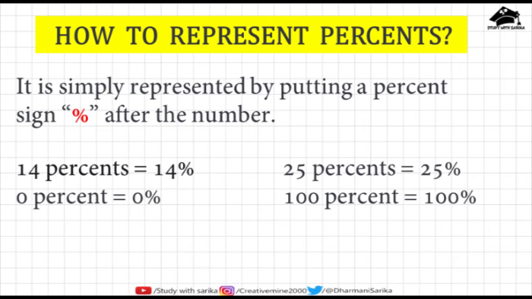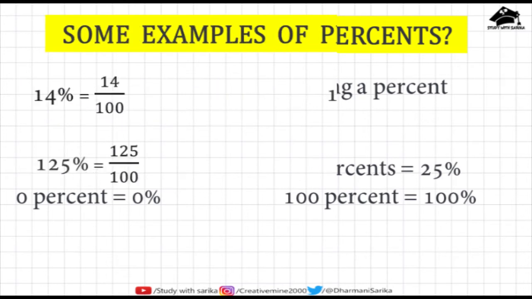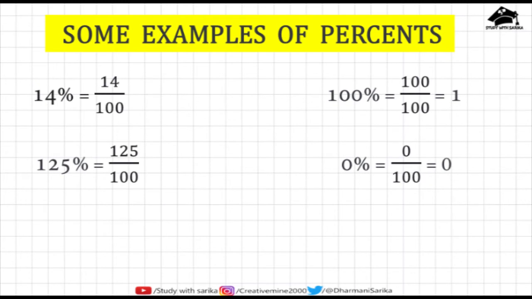Next, we will see how to represent percentages in their fractional form, which is their actual form. Here I have taken a few examples to show you how to represent percentages as fractions.